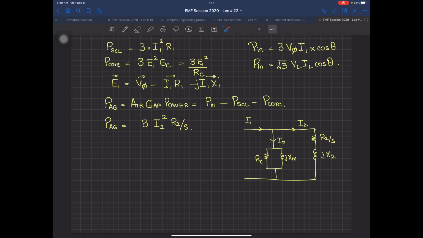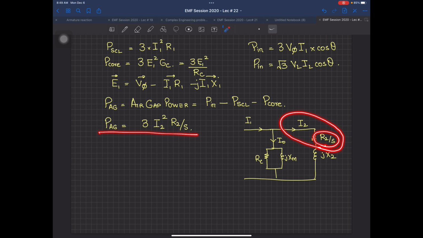So I hope you can easily do the current division rule over here and find out I2. Please practice this in all of the numericals. Otherwise, if you just rely on your CAD course and say we can find out this I2 at runtime, this will not be possible. So please do some practice so that you can find out I2. Now, based on this I2, as I told you, this I2 is going to be consumed only in this resistance.